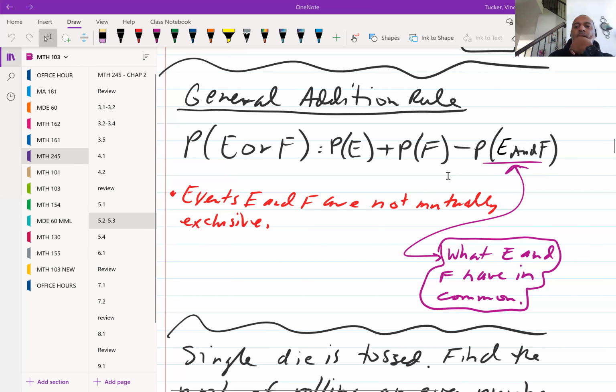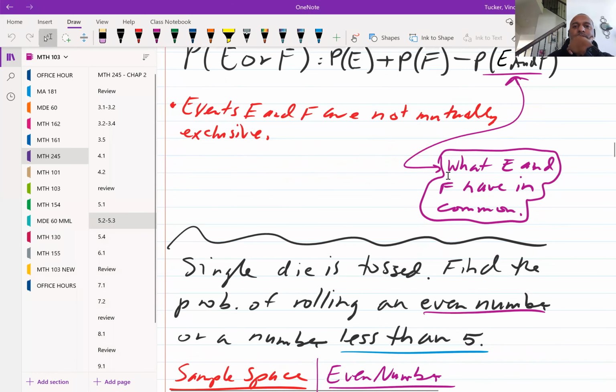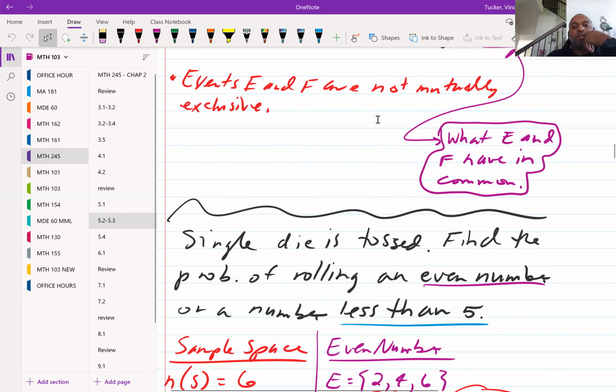We have to consider what they have in common, and you'll see why that's important in a second when we look at this next problem.